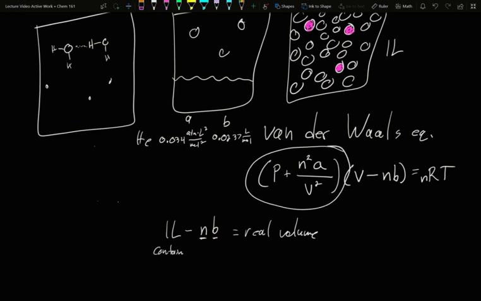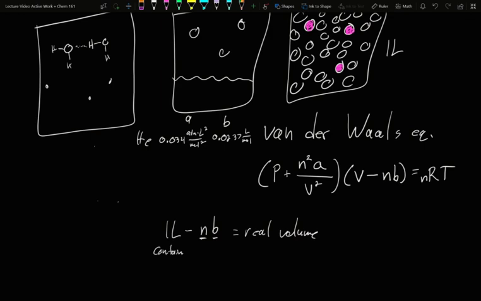Well, pressure is going to be modified based on its ability to interact with other things. The more particles there are, the more they will interact. The space they have to spread out in will determine how often they can interact.